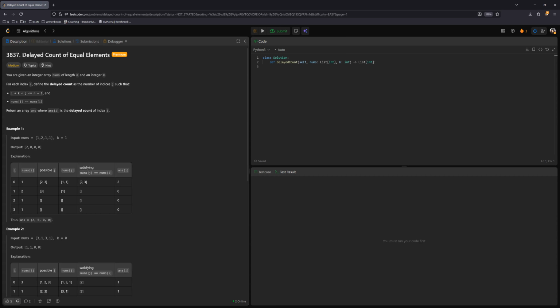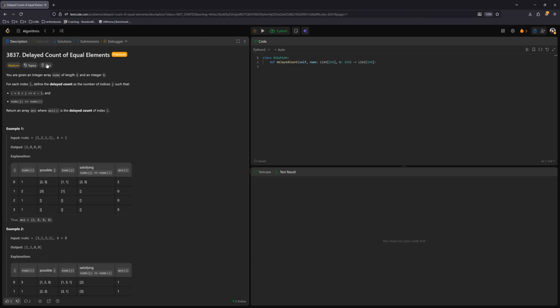Okay, let's see here. Delayed count of equal elements. You are given an integer array nums of length n, and an integer k. For each index i, define the delayed count as the number of indices j such that i plus k is less than j is less than or equal to n minus 1, and nums of j equals nums of i.